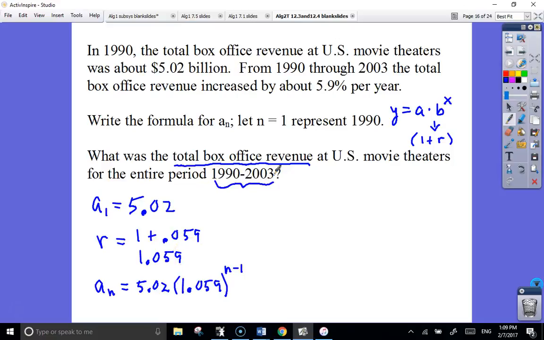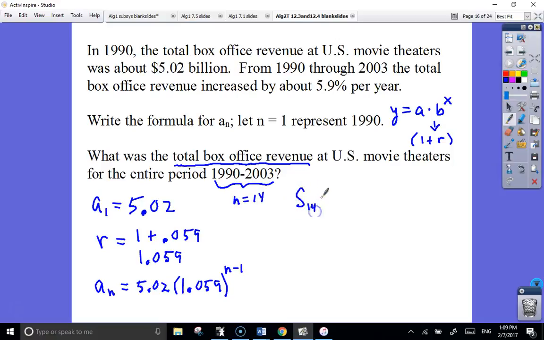So if 1990 was year 1, then what year is 2003? 14, right? So in fact, that means our n is going to be 14 for when we find the sum. So here's what we'll plug in.